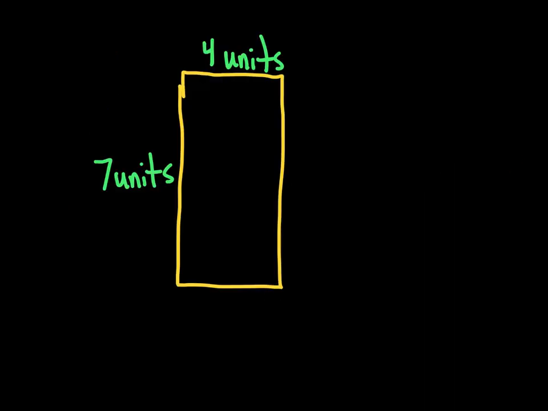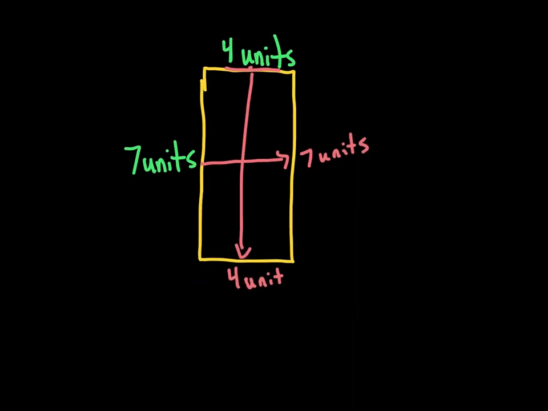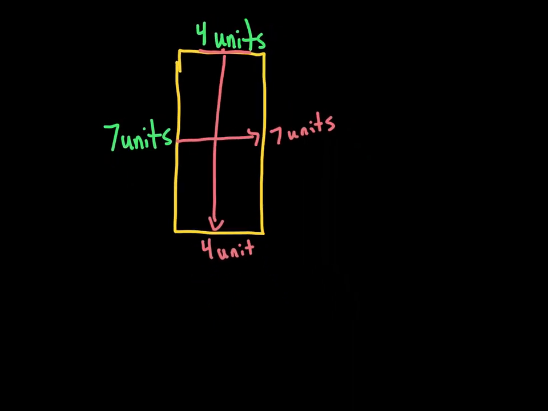In our next example of this rectangle, we have 4 units and 7 units on the other side. Again, if we have 4 units here, we're going to have 4 units down here. And if we have 7 units on the left, we're going to have 7 units to the right. So now we can just put a new formula in and do P is equal to length plus width plus length plus width, and then now just plug it in.